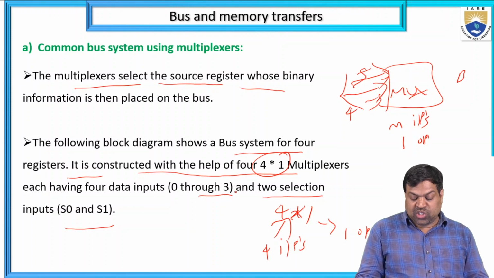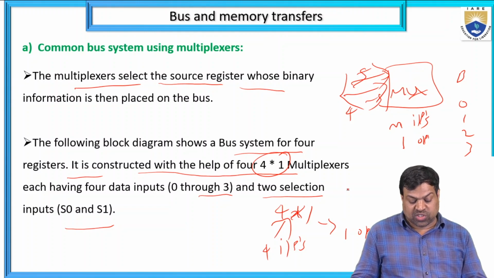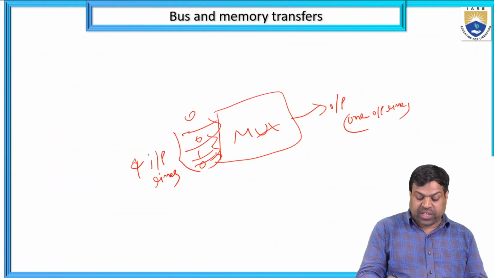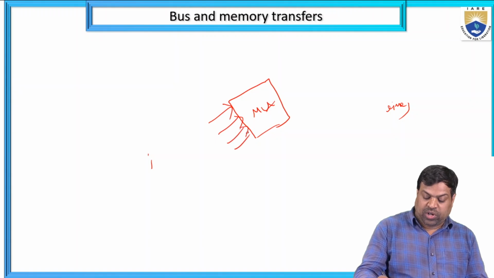So it has the selection lines 0, 1, 2, 3, and 2 selection inputs, S0 and S1. Suppose here I am taking a multiplexer, 4 input lines are there, only 1 output. So I am taking 0, 1, 2, 3. 4 input lines.